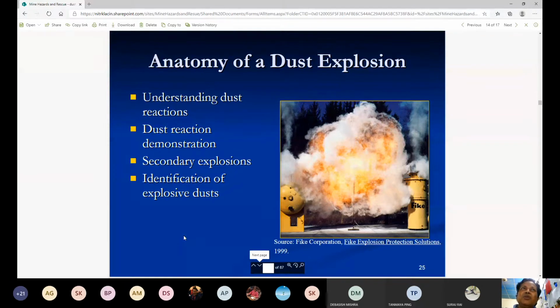Let us understand how dust reacts, how to demonstrate the dust explosion, what a secondary explosion is, and how to identify the explosive coal dusts in underground coal mines.